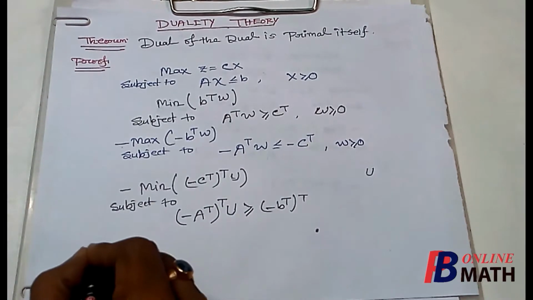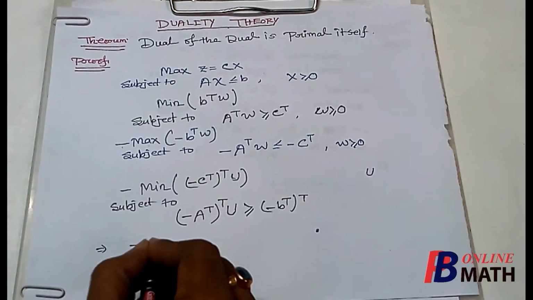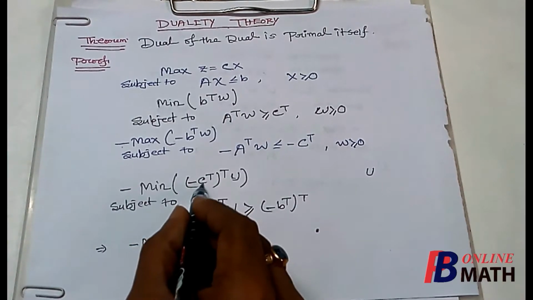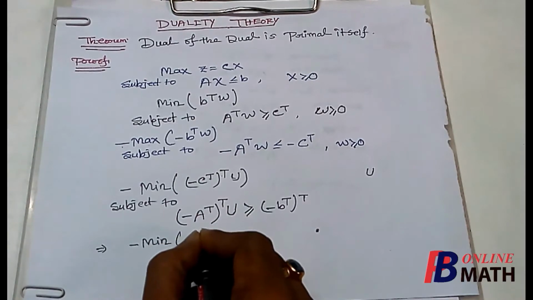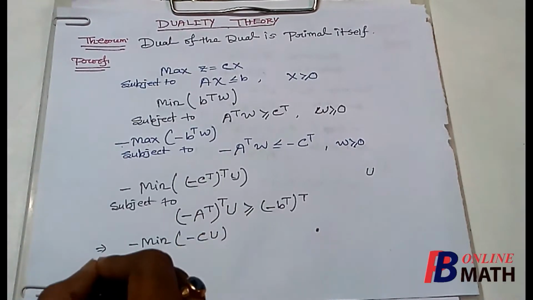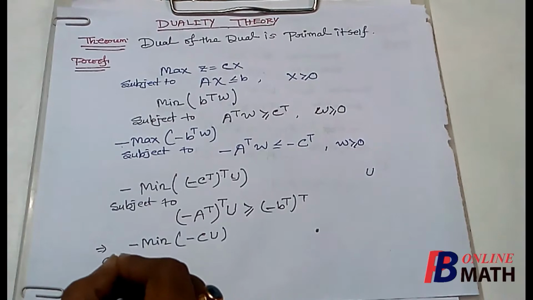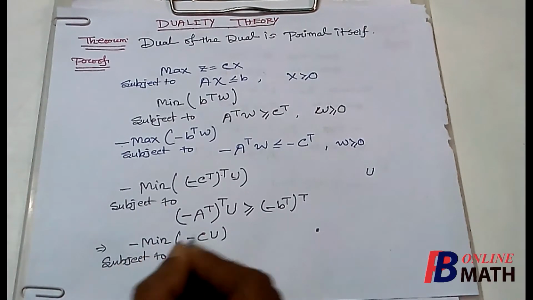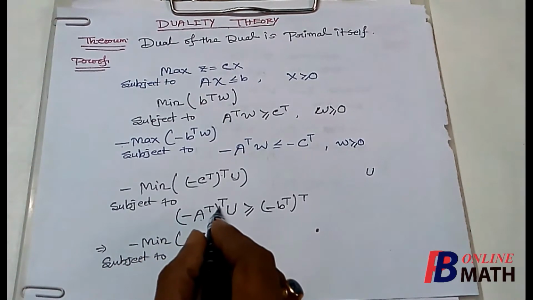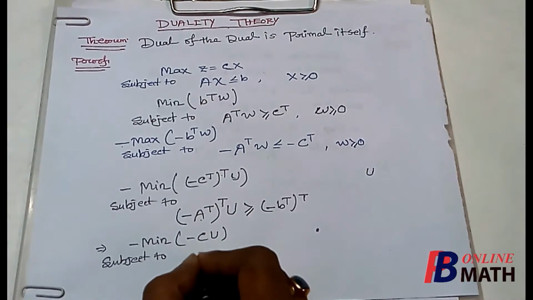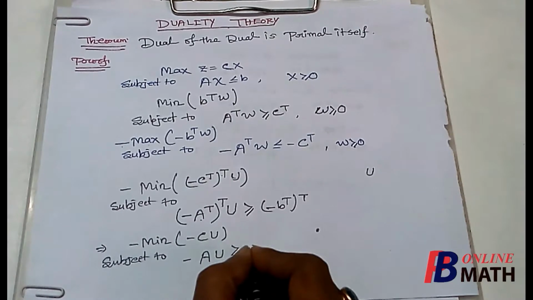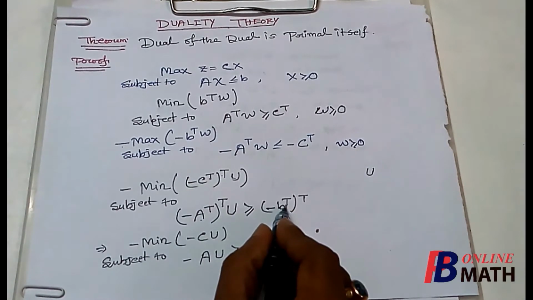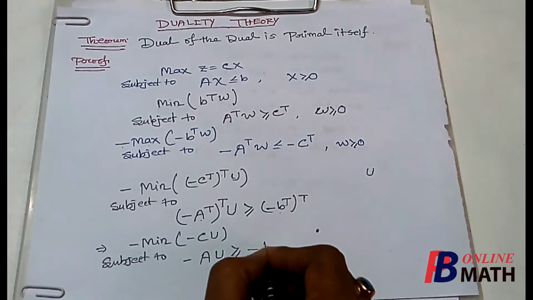So we can write it as minus minimization of, now c transpose transposed is again c, so it is minus cu, subject to again A transpose transposed, it is Au, greater or equal to minus b transpose transposed, so it is again minus b.